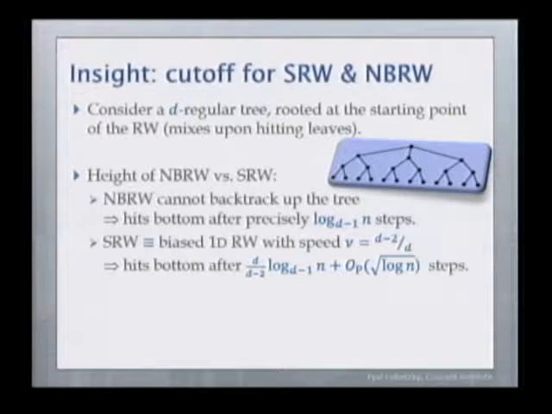The simple random walk has to fight the fluctuations of flip-flopping, going up and down until it goes down. So it has this speed, d minus 2 over d. Since d minus 1 guys are pointing down and 1 guy is pointing up, it's d minus 2 over d. So you pay a factor of d over d minus 2. Now notice the window.